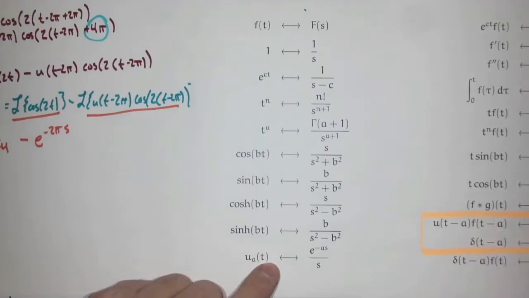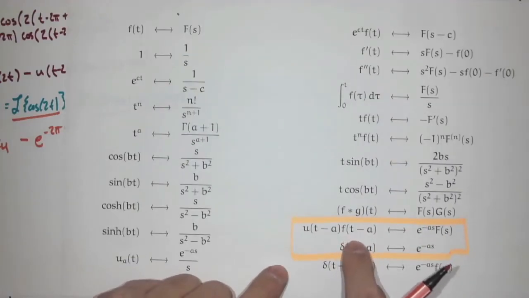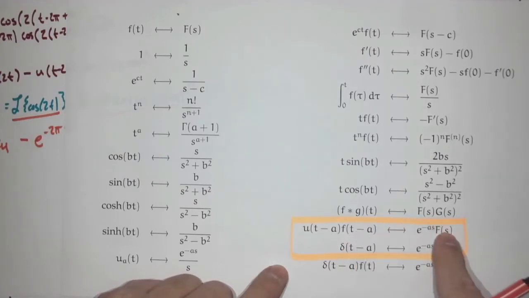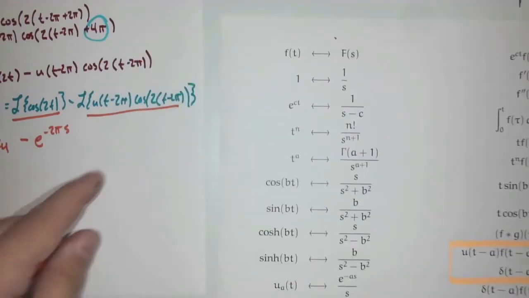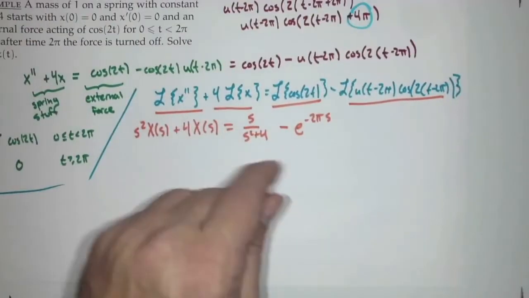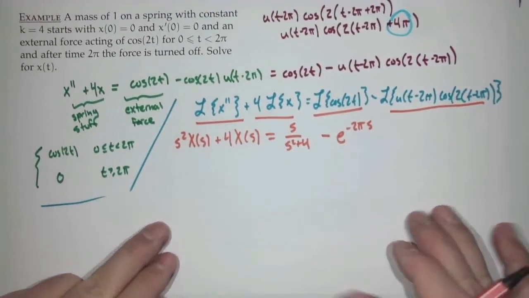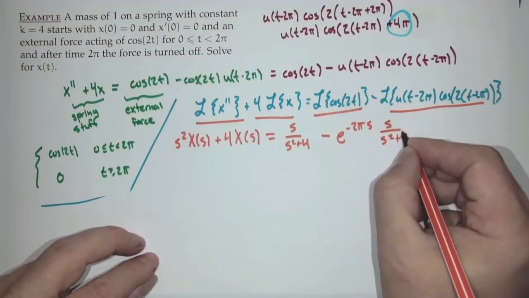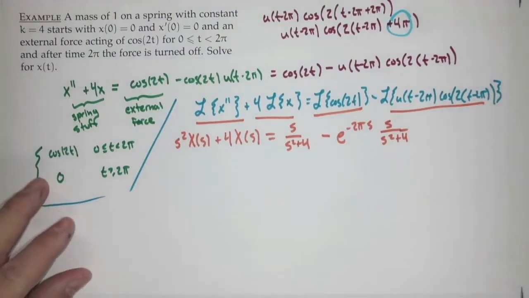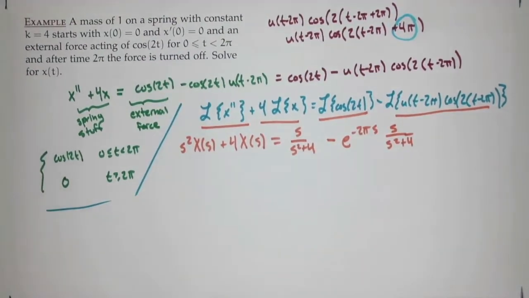This f of t minus a should become F of s. Where we say, what does the function cosine 2t become? Well, we know that it's right there. So we have s over s squared plus 4. All right. So far, I think we're doing okay. What comes next?